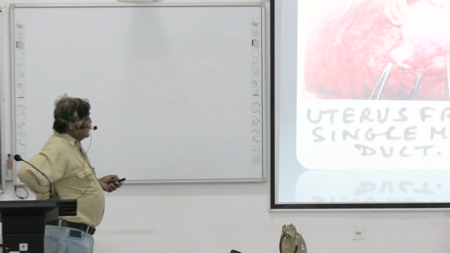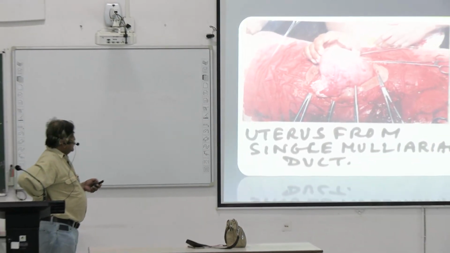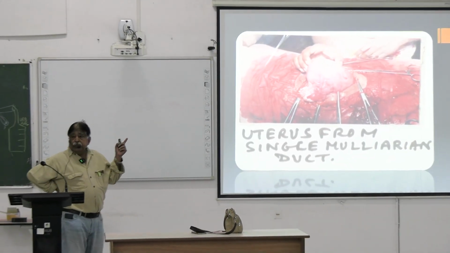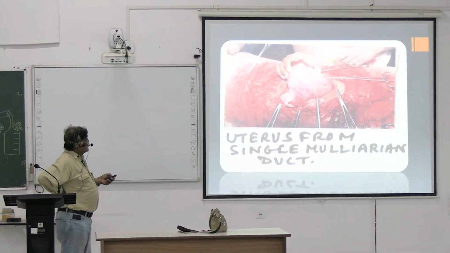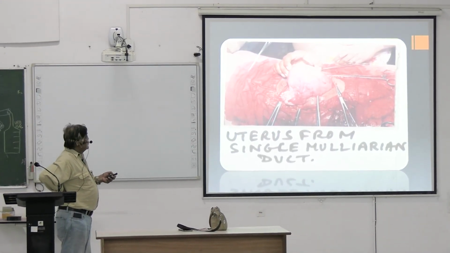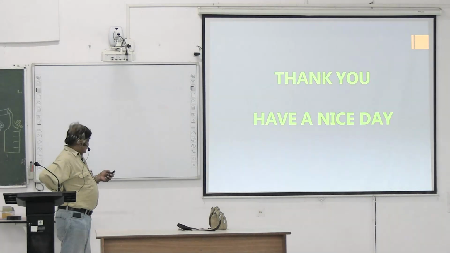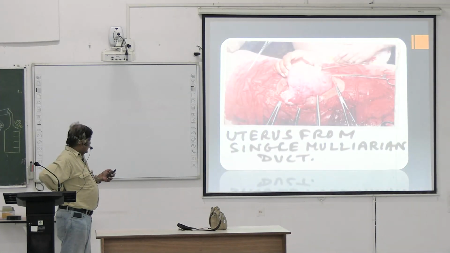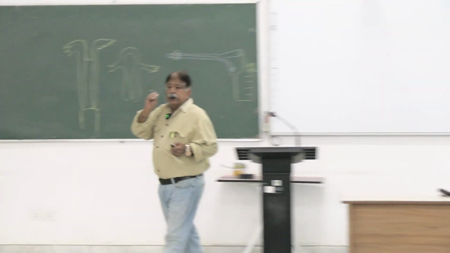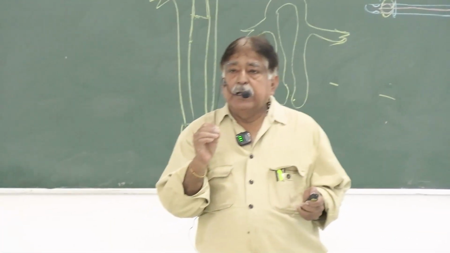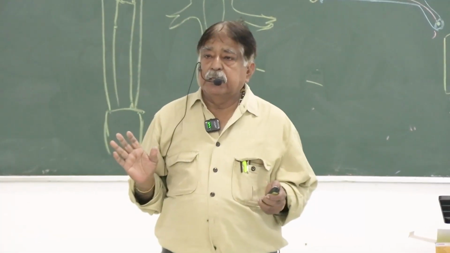Now, uterus from a single Mullerian duct. Now, I showed you earlier the sketches. Now, the single duct, but that led to a uterus. See the full uterus. She was pregnant. I delivered by LUCS.